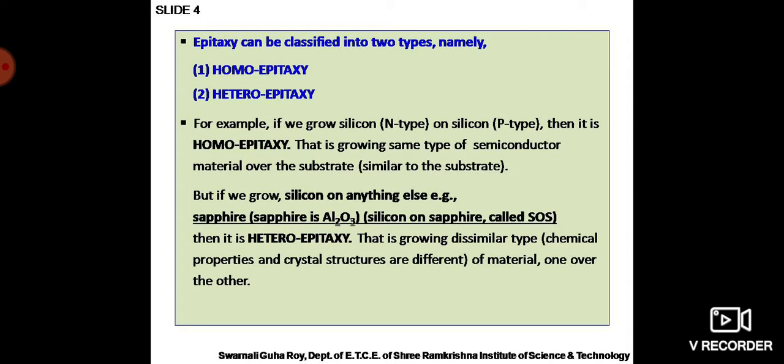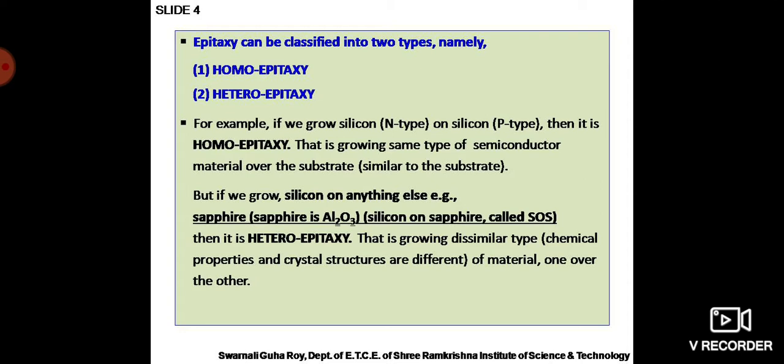You can see the second point. If we grow anything else other than silicon over the silicon substrate, which is p-type, then it will be heteroepitaxy. For example, sapphire is nothing but aluminium oxide.